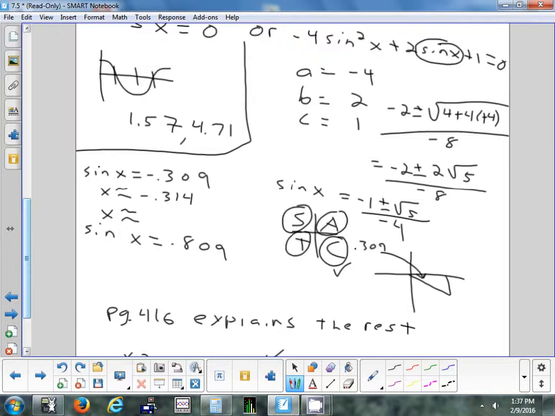Remember what you do in quadrant 3? In quadrant 2, it's pi minus your reference angle. How about quadrant 3? 2 pi minus, that's for the 4th quadrant. We've got that one. Pi plus. So my other answer should be, hopefully, let's just use decimals, 3.14 plus my reference angle of 0.309. Actually, what was my reference angle? 0.314, sorry.